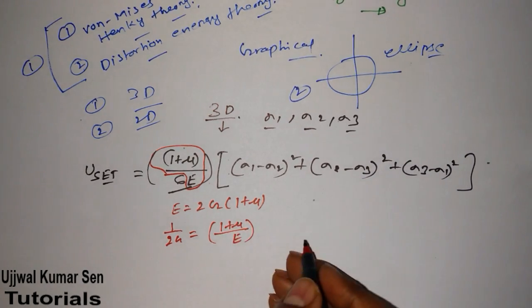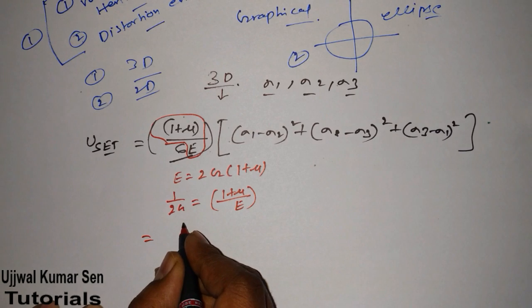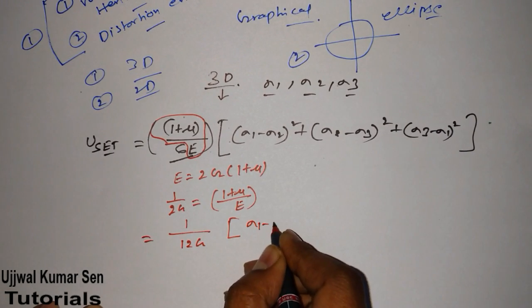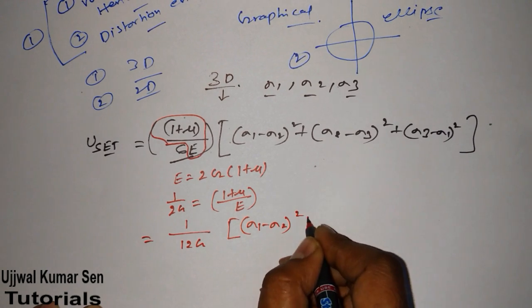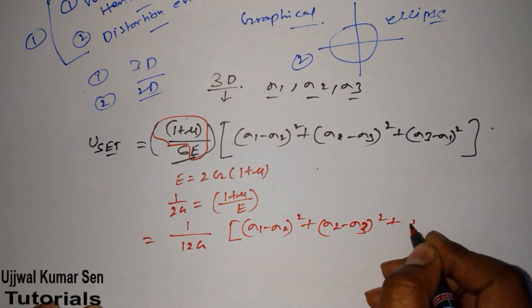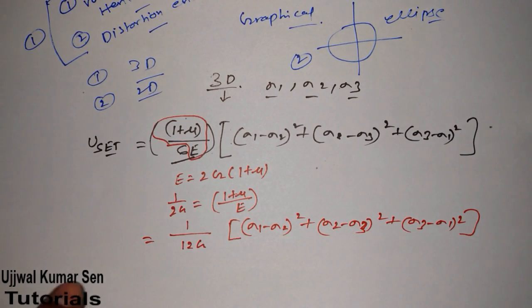So this equation becomes 1 by 12G times [(sigma 1 minus sigma 2) whole square plus (sigma 2 minus sigma 3) whole square plus (sigma 3 minus sigma 1) whole square]. So this is for 3D.